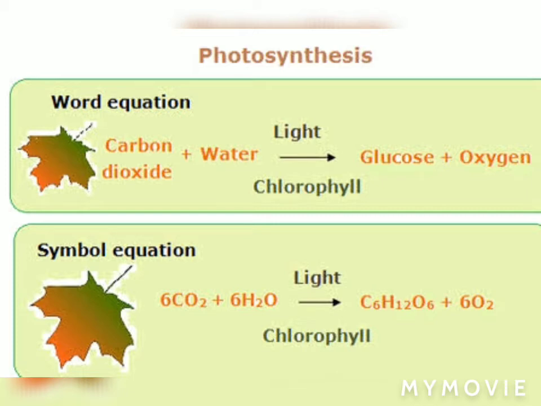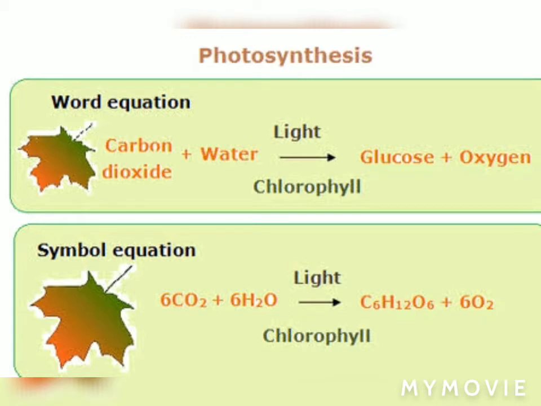So we find that chlorophyll, sunlight, carbon dioxide and water are necessary to carry out photosynthesis. It is a unique process on earth. The solar energy is captured by the leaves and stored in the plant in the form of food.